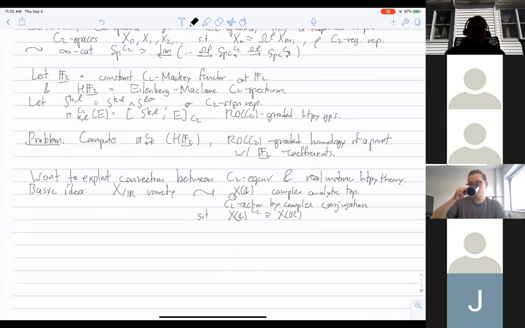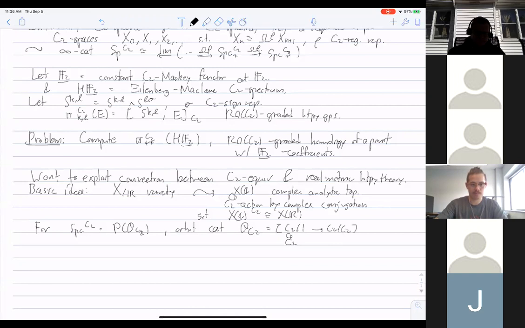Well, to get from topological spaces to the homotopy theory of C2 spaces, what I mean is presheaves on the orbit category, following Elmendorf, I suppose. So the orbit category O_{C2} is C2/1, that's the cardinality 2 orbit with the C2 action, mapping to C2/C2.